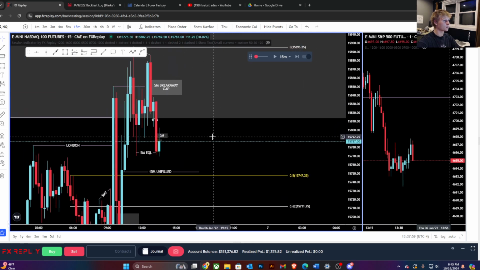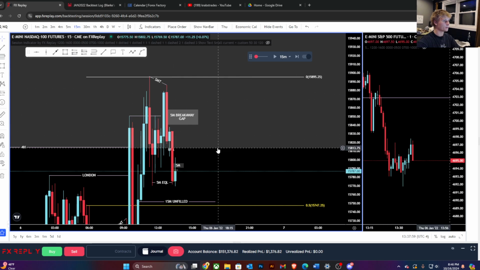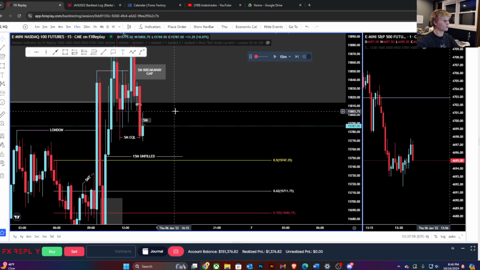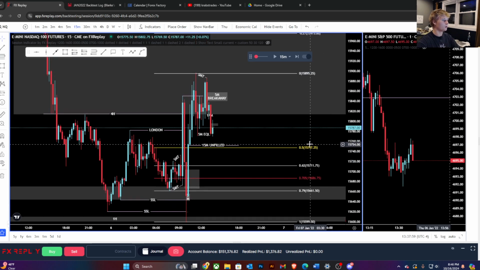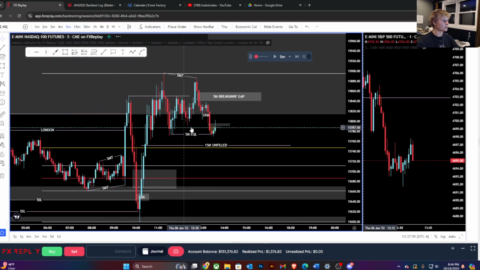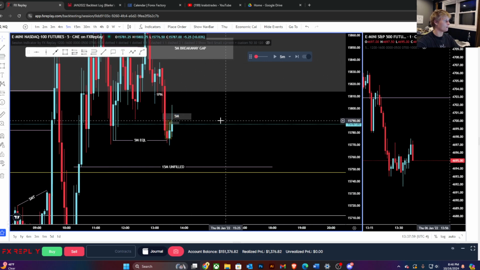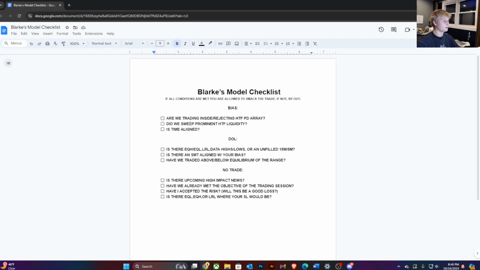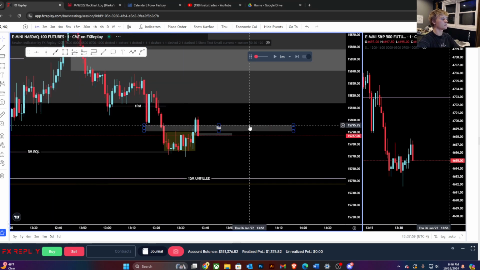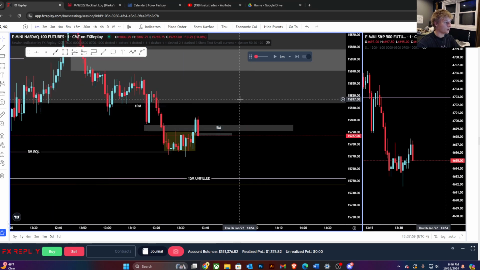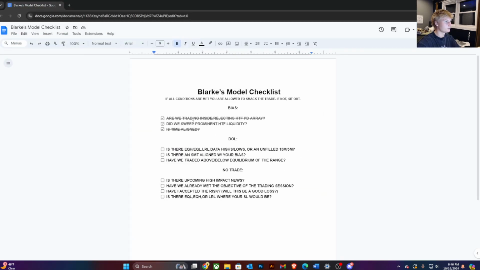But yeah, I like this SMT delivery off the 4 hour. We're still high up in a premium. We retraced, tapped into this 5 minute, so we're delivering off of that. Are we trading in a higher time frame PD array? We rejected the 4 hour. We had the SMT at the high. Time is aligned, because it's not like an hourly open or anything.